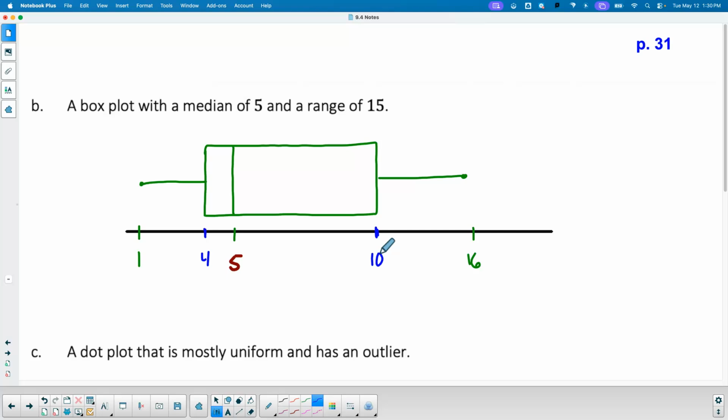Does that fit the criteria? Does yours have to be exactly like mine? Nope. The only thing that yours has to have is this, and the difference between these two numbers has to be 15. Everything else can be different.